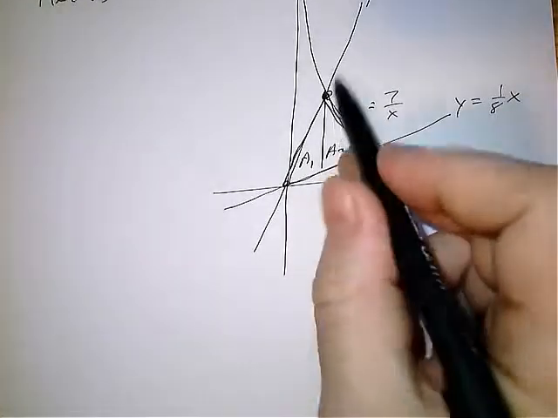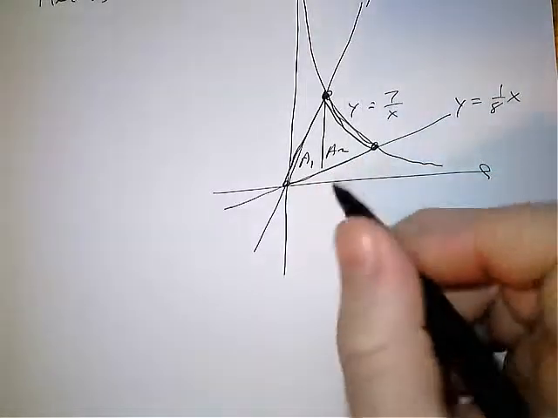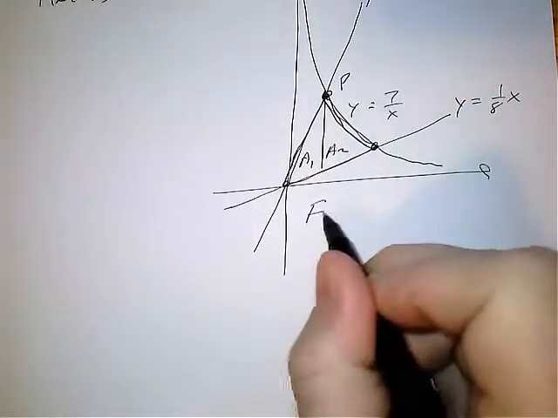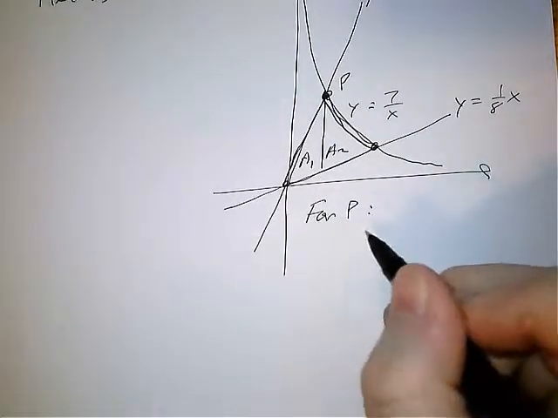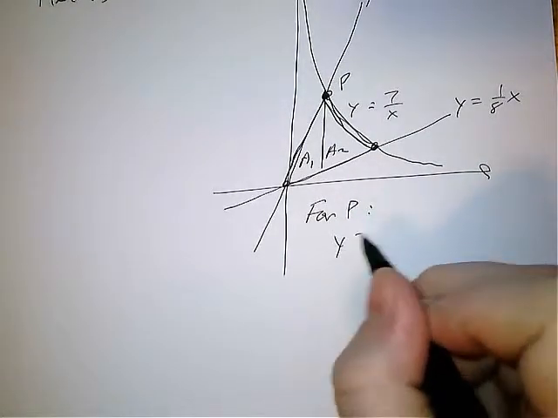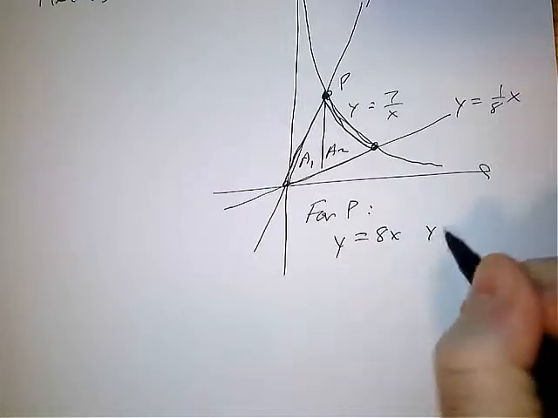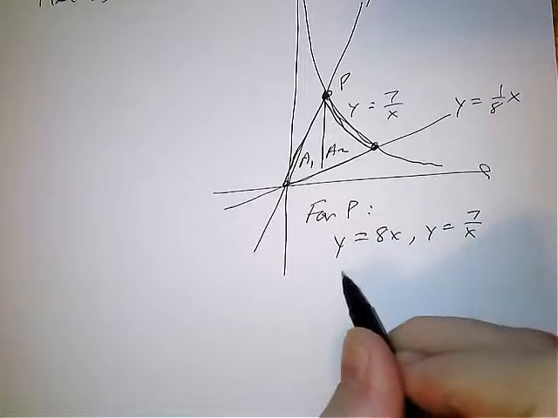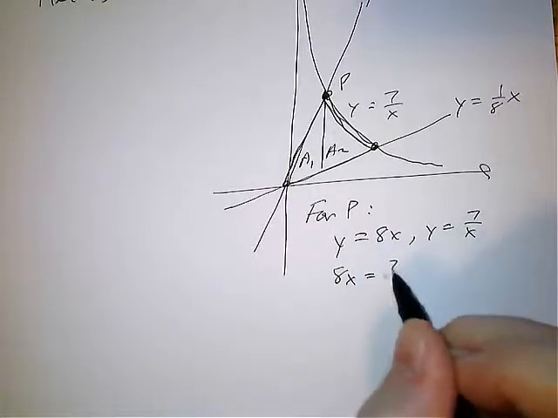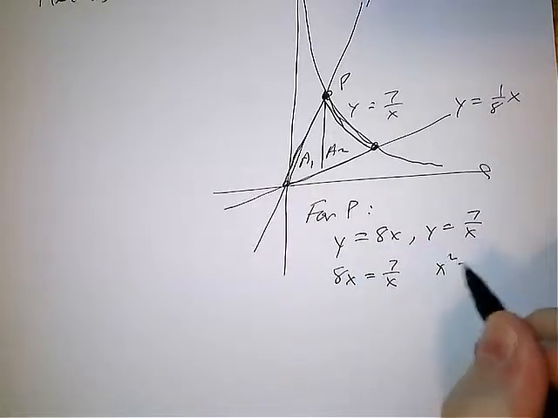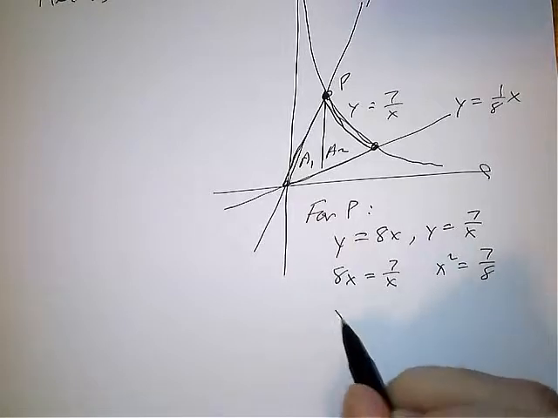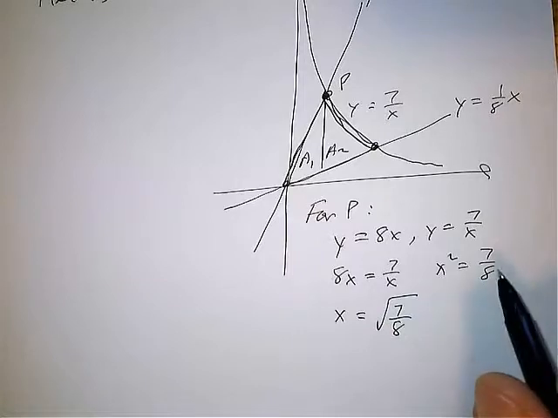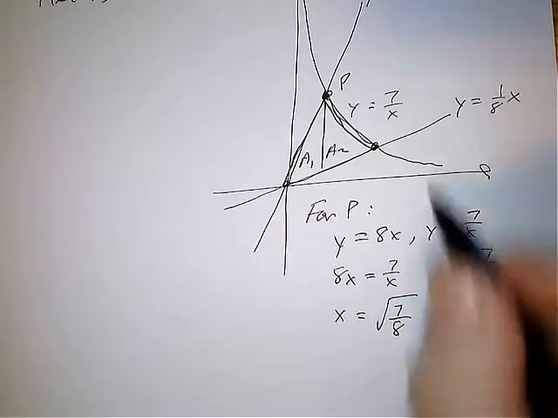So for this upper point, I'm going to call this P. For P, we have to have y equals 8x and y equals 7 over x simultaneously. So 8x is 7 over x, x squared is 7 over 8, x is going to be square root of 7 over 8. It would be plus or minus, but we're in the first quadrant.